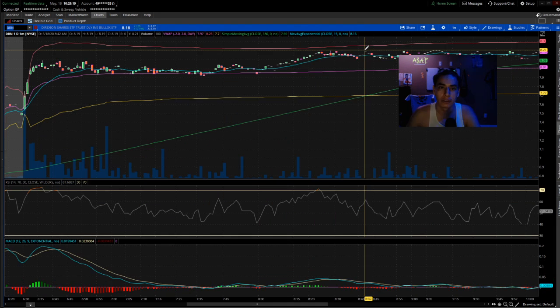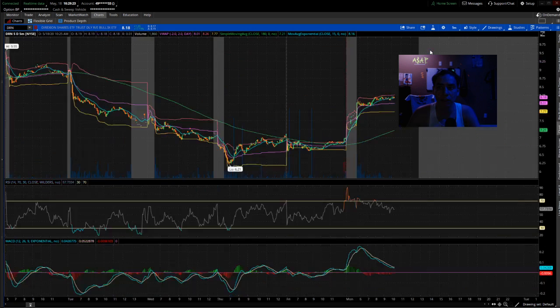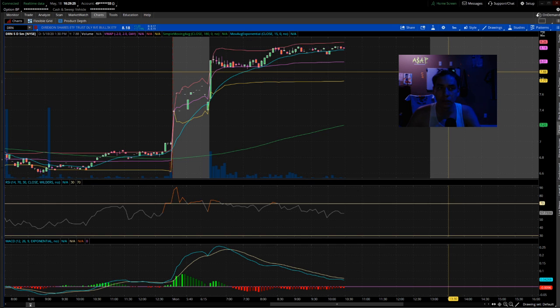They don't have that much price movement, but they're still traded. They still have costs in shares. They still have shares right here.